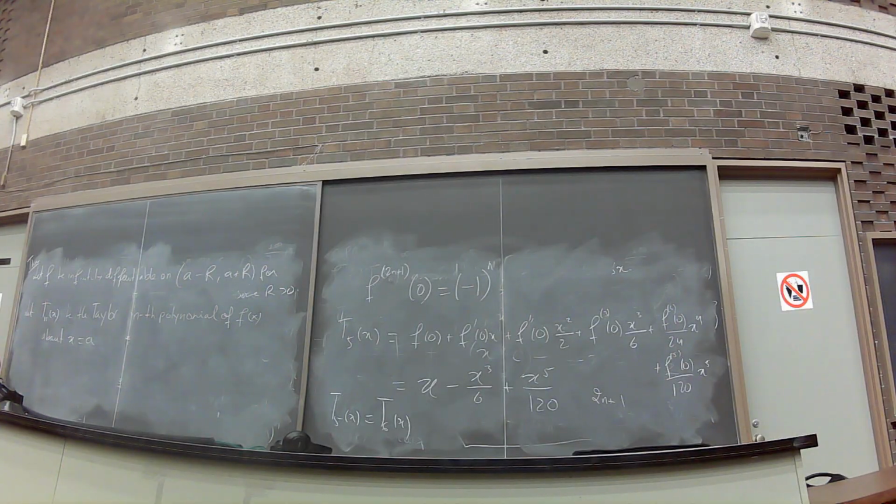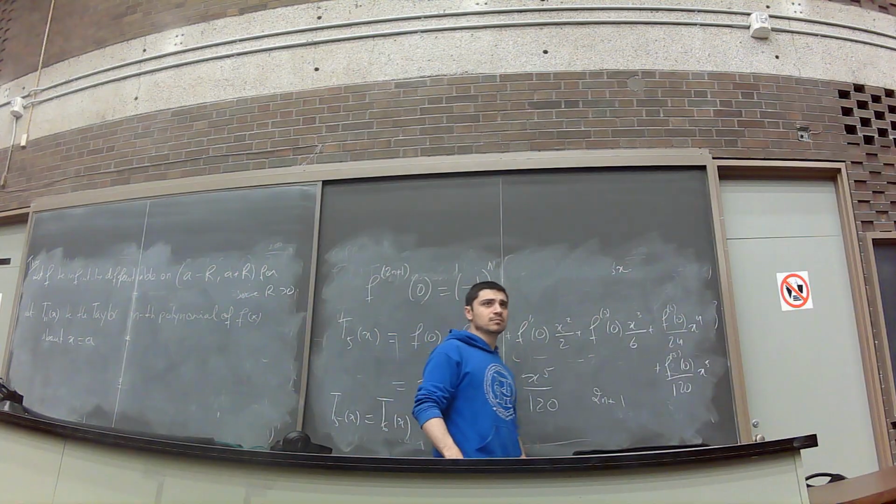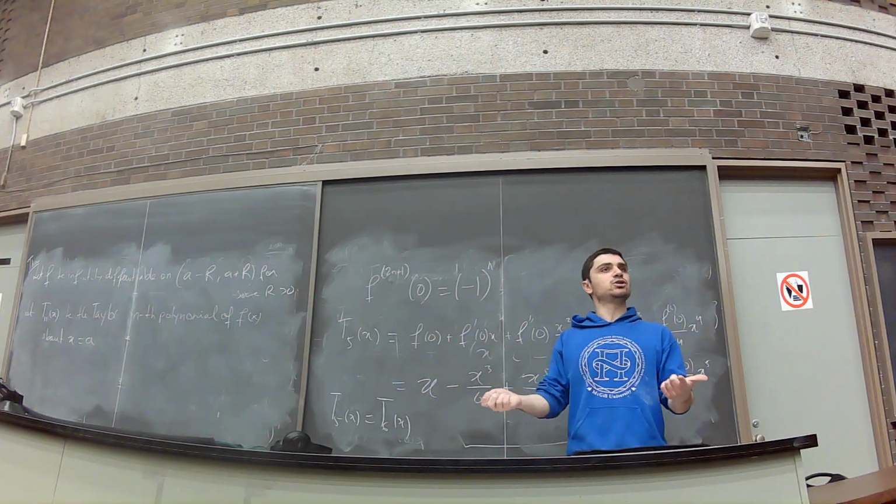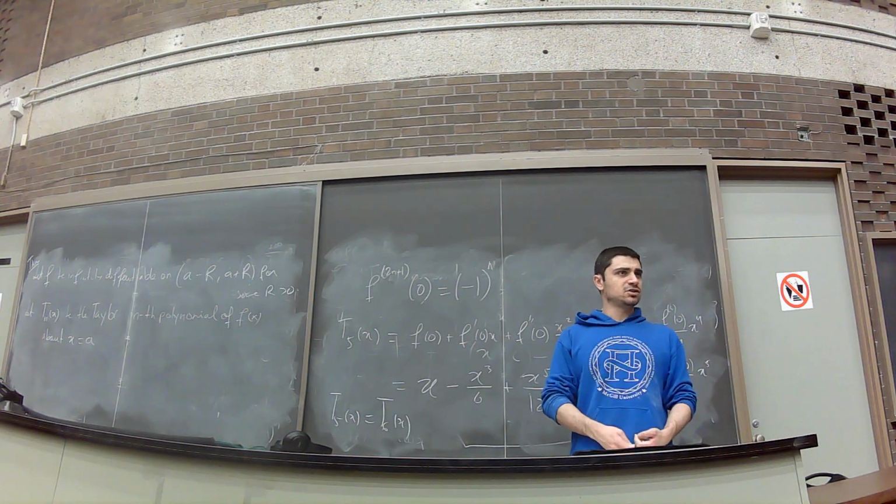Okay? So Tn is the generalization of the tangent line approximation. Do you agree? T1 is the tangent line approximation, and Tn is a generalization.